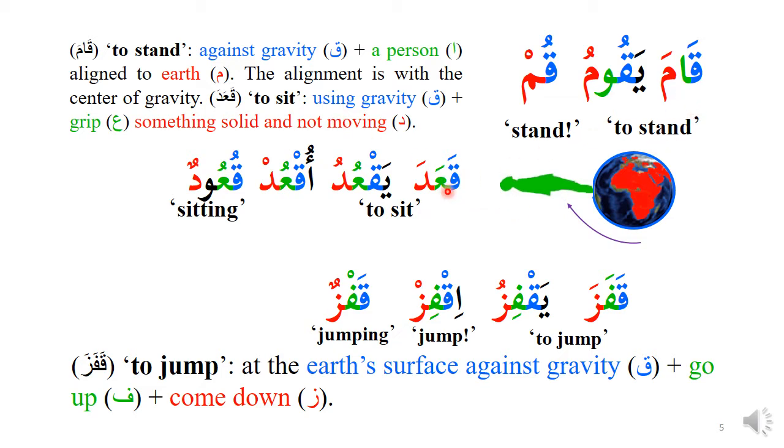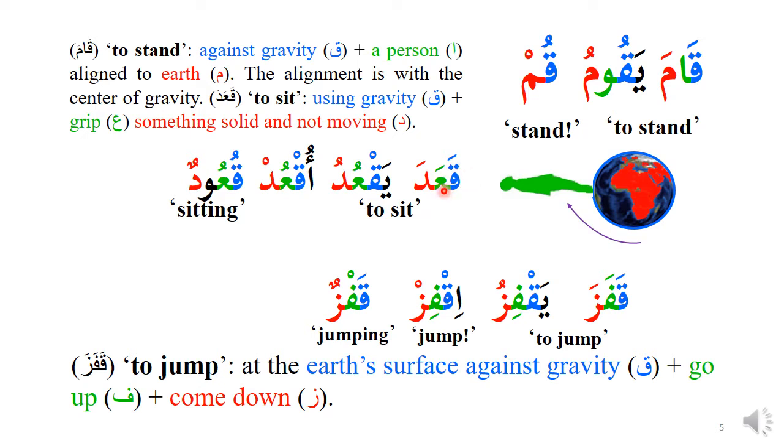So qa'ada means to sit, qa'ada yaq'udu, and here using gravity, you use gravity, and then you grip something solid, and it was before up, but then dal means to end, to end that one. So to sit, basically also it has another meaning.